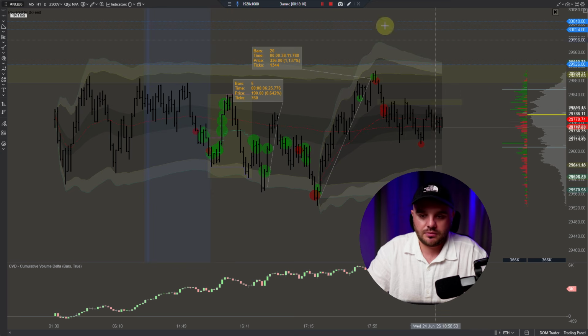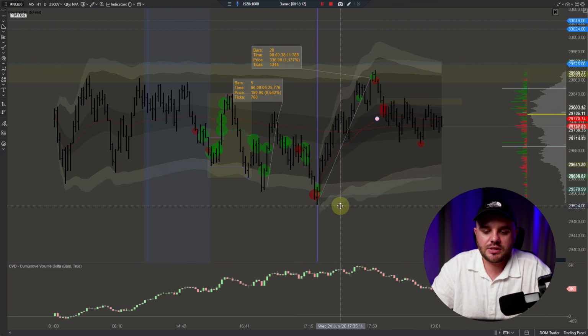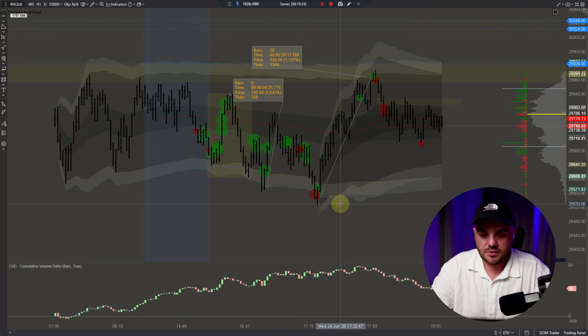And you can see regarding this trading day, this delta got absorbed, and have a look what they did. From this absorption, massive break up, and how many ticks? 1,344 ticks move up.